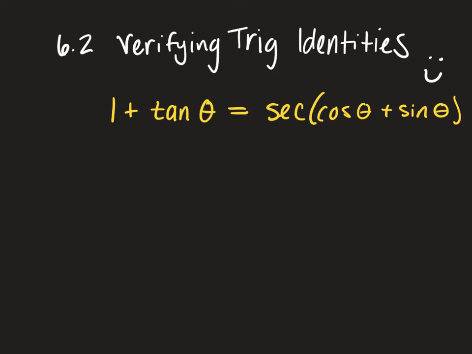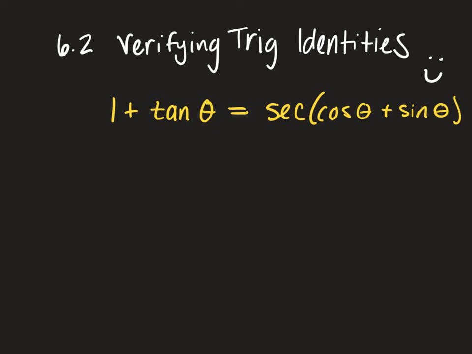All right, so when you're verifying identities, basically we're going to work with only one side of them. We're just trying to prove that one side is going to be equal to the other. We typically want to start with the more complicated side, if there is one, and simplify it and reduce it down so that it matches the other side.